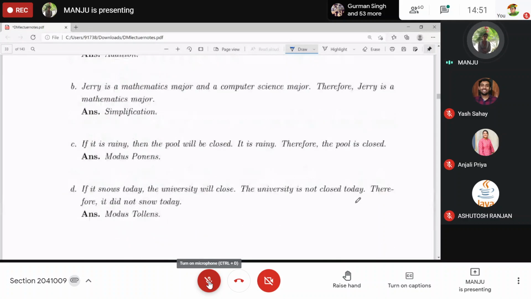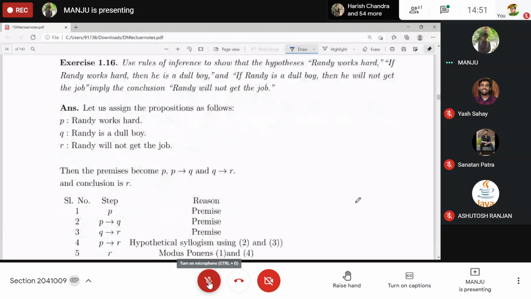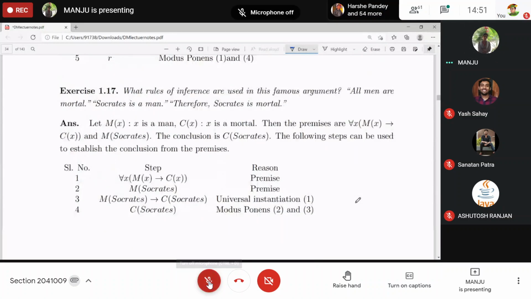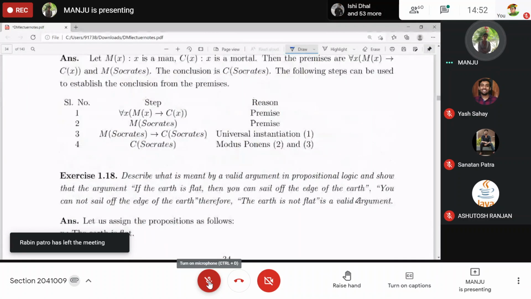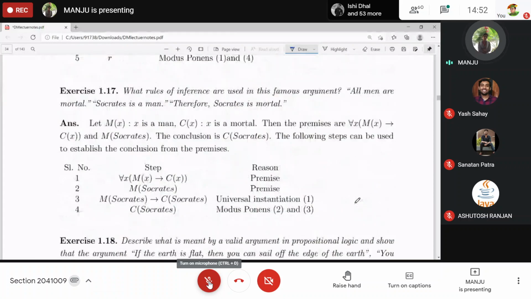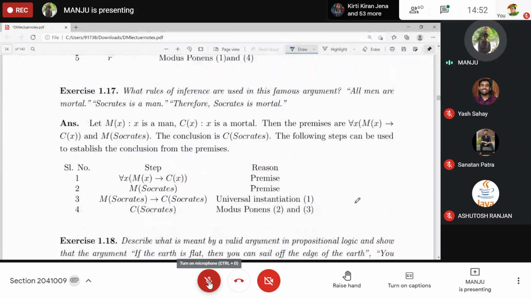Exercise questions. Any doubt in this? No. Good. Tell me how you identify that this is a quantified statement and there will be some predicates or quantifiers, or that this is not a quantified statement.